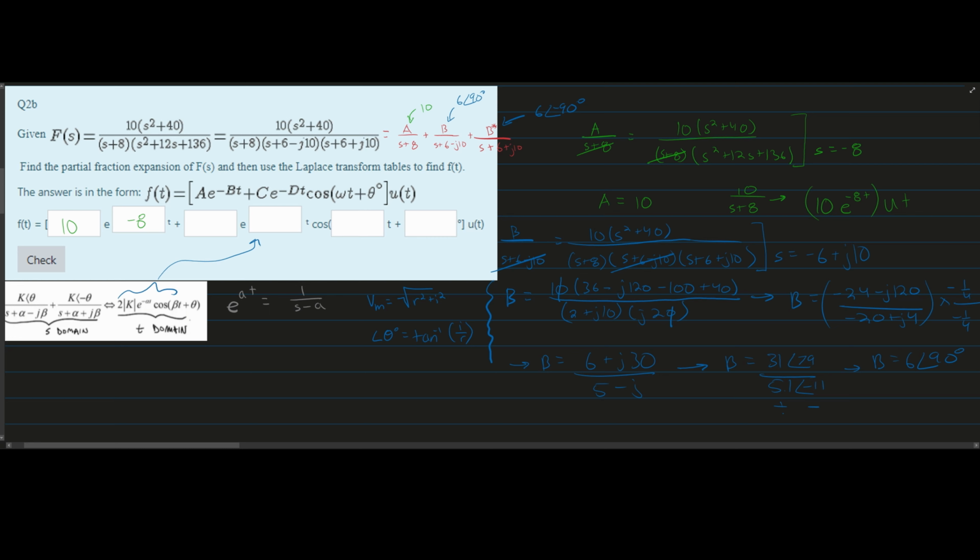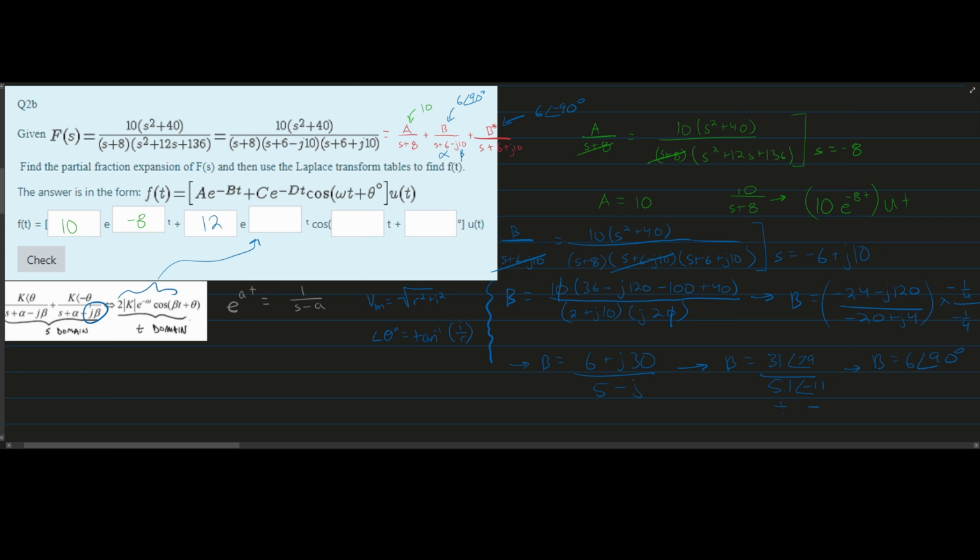And so we know that our k is this value right here, and if we look right here, it's going to be the 6. So we have 2 times k, which will give us a 12, and then we have a negative alpha t. Well, this alpha is this part, and our beta is this part. So our alpha is going to be 6, and our beta is going to just be 10.